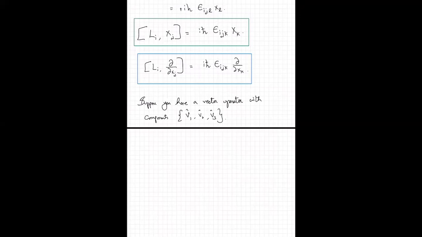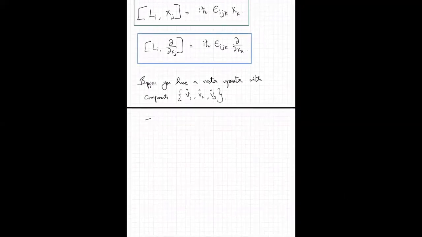Then it is always true that the commutator of Li with any one component of this vector operator will give you i h bar times epsilon ijk Vk. It will mix the components of the vector operator together.